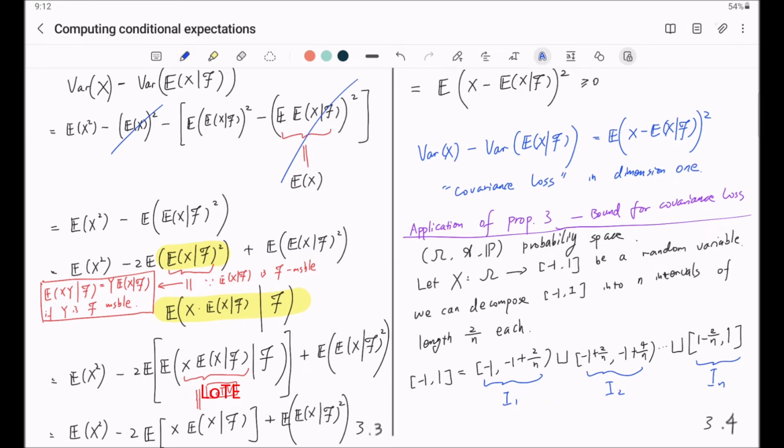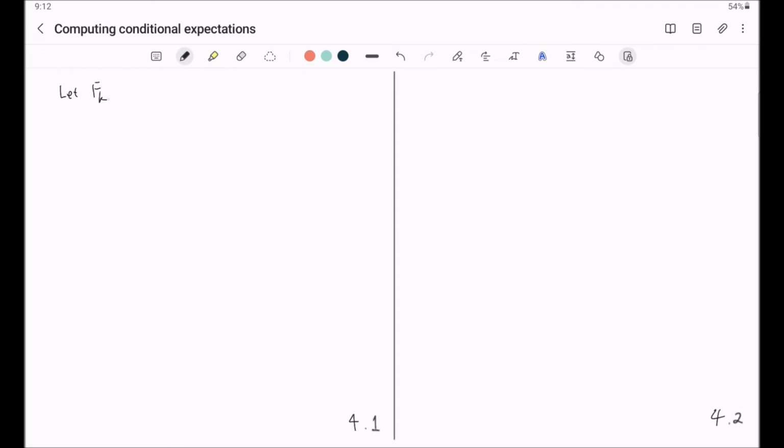Now let F sub k denote the inverse image under X of I sub k, for k equal to 1, 2, all the way to n. Then you can easily see that the whole space Omega is the disjoint union of F1, F2, all the way to Fn.